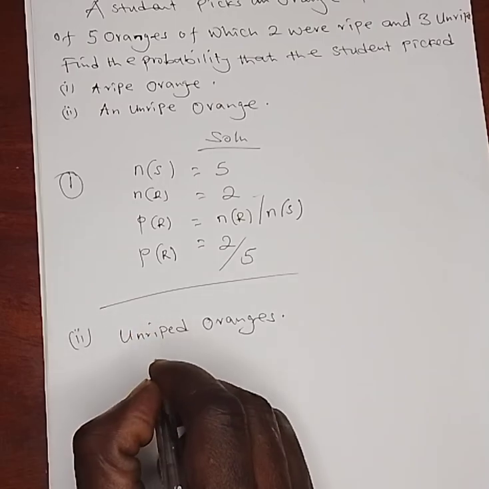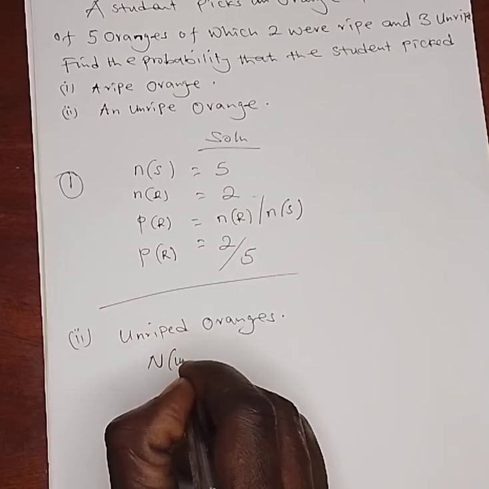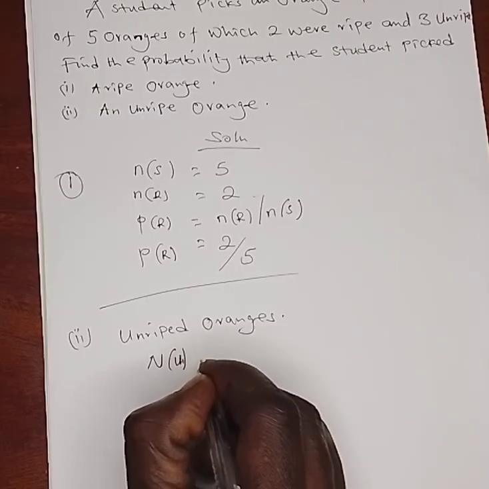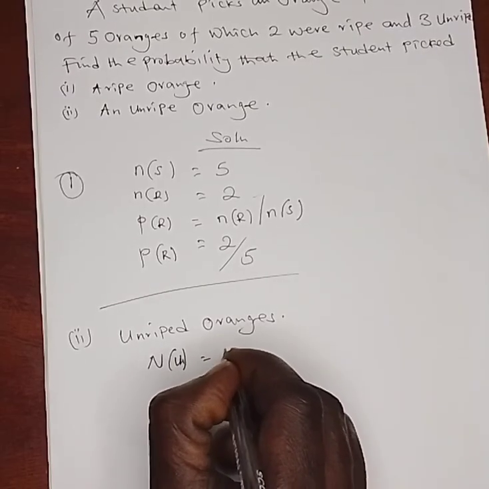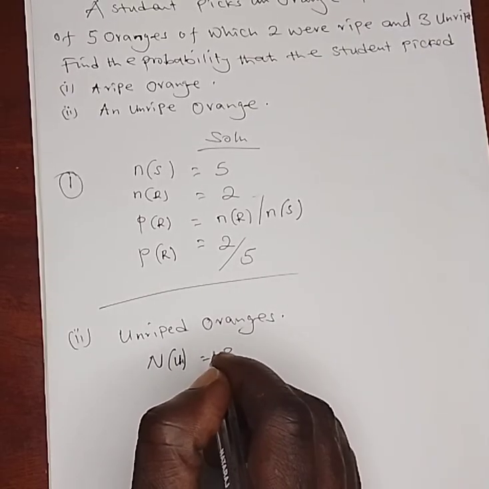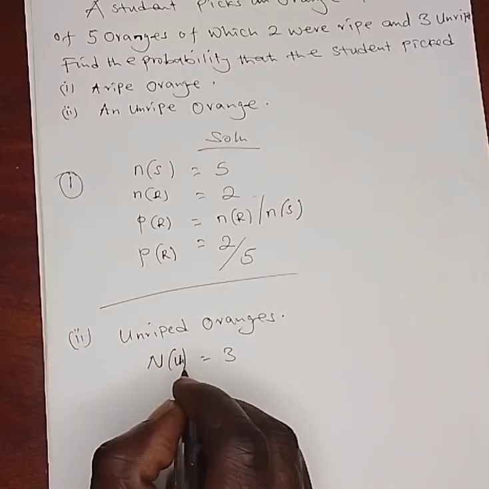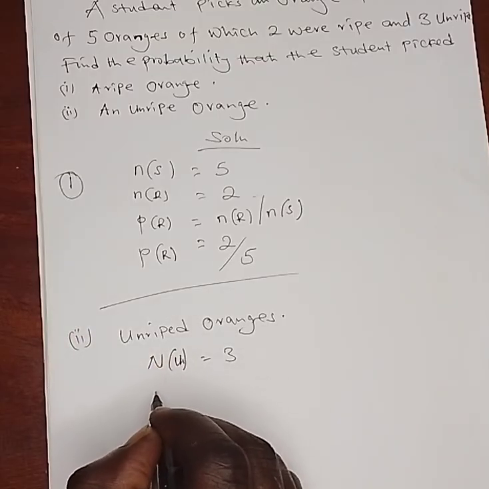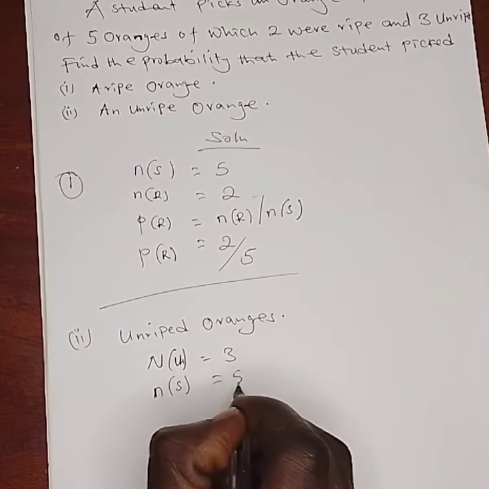You will just say the number of unripe oranges. There were how many? There were 3. Then your number of samples, the total number of oranges in the basket, was 5.